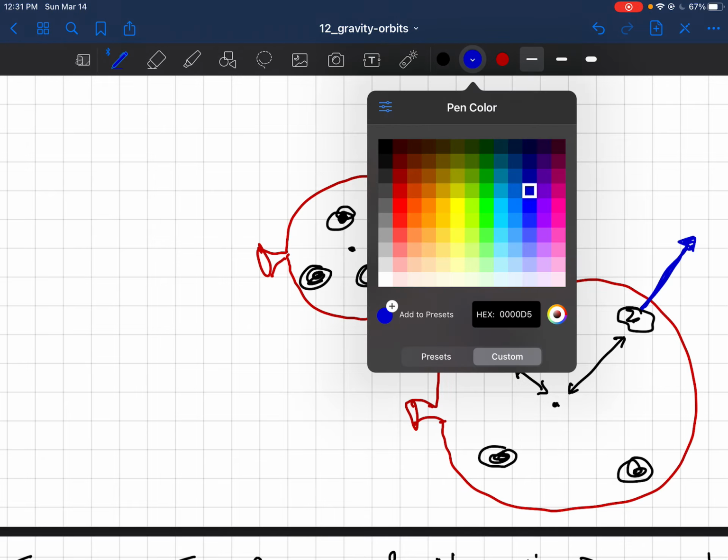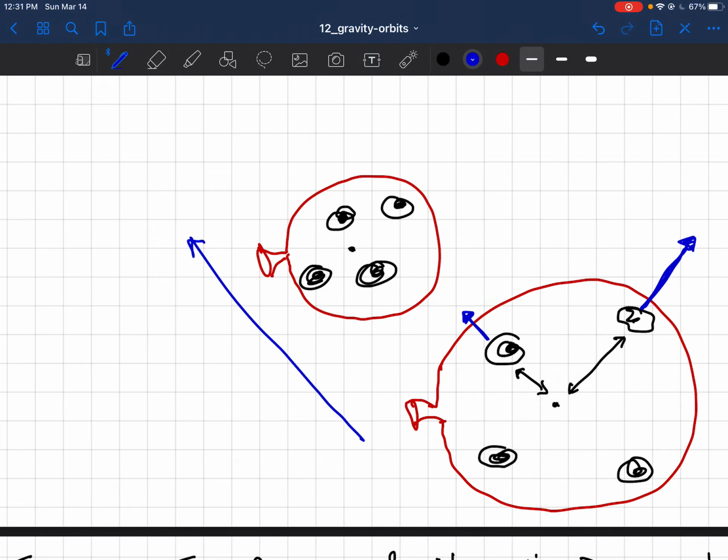Of course, if you go backwards on this picture, so you go backwards in time, then what do you get? Well, you get just a little tiny balloon, and that we call the Big Bang.